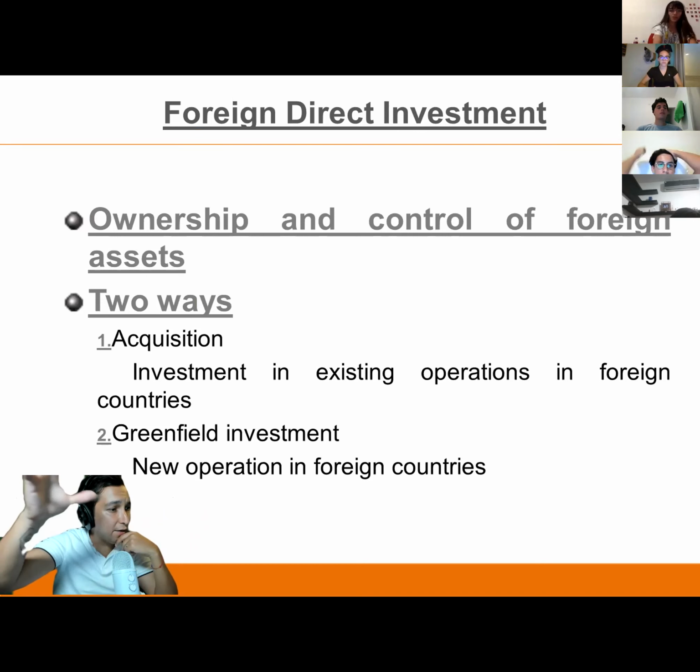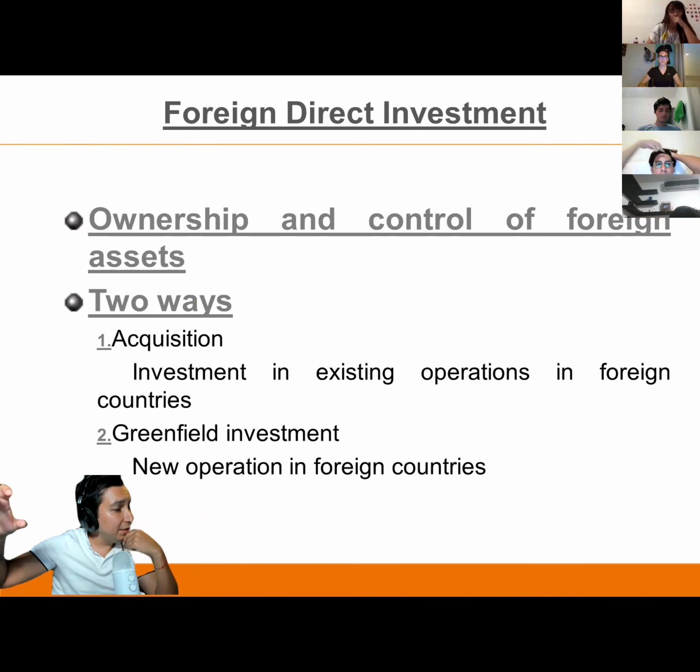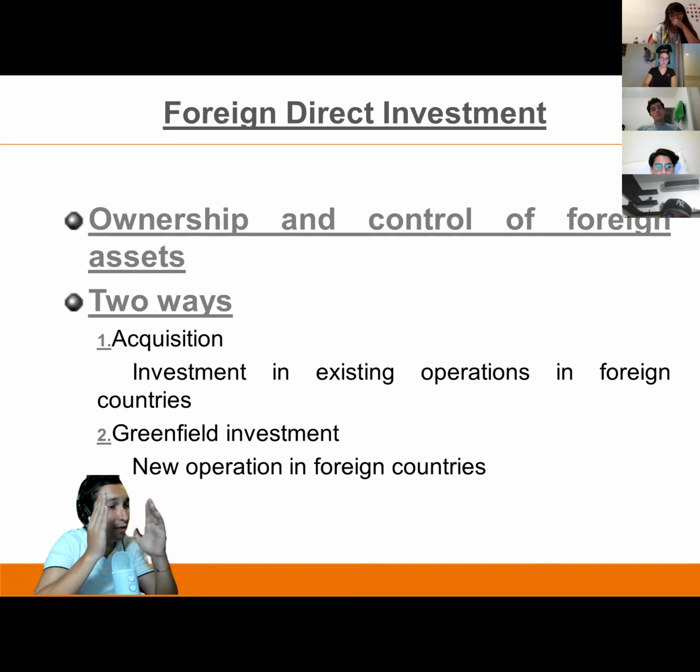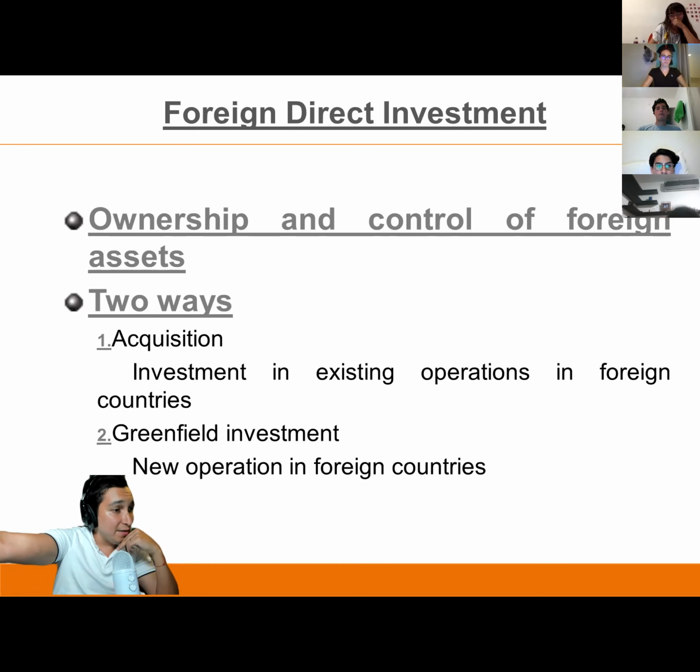So you can acquire and control that company, which is part of the merger and acquisition process. You can also go with a merger, but the merger gives you less control than an acquisition, or go wide to the greenfield investment with no operations in the foreign country.